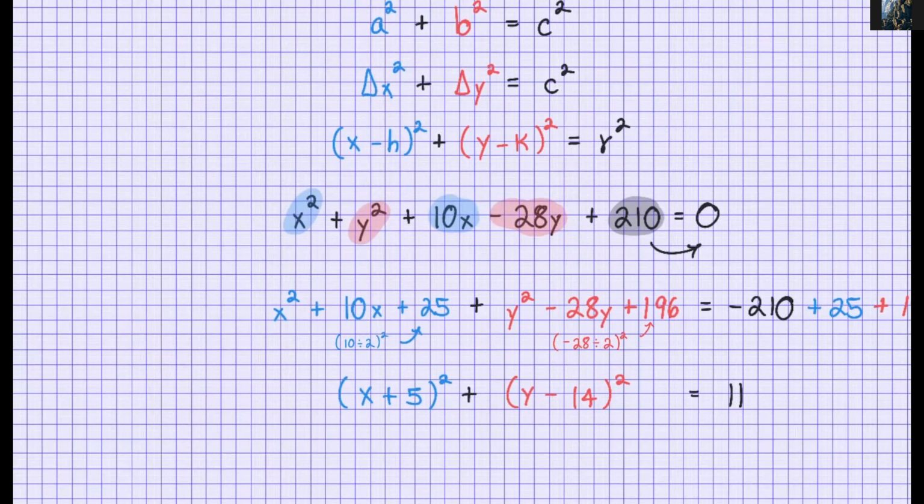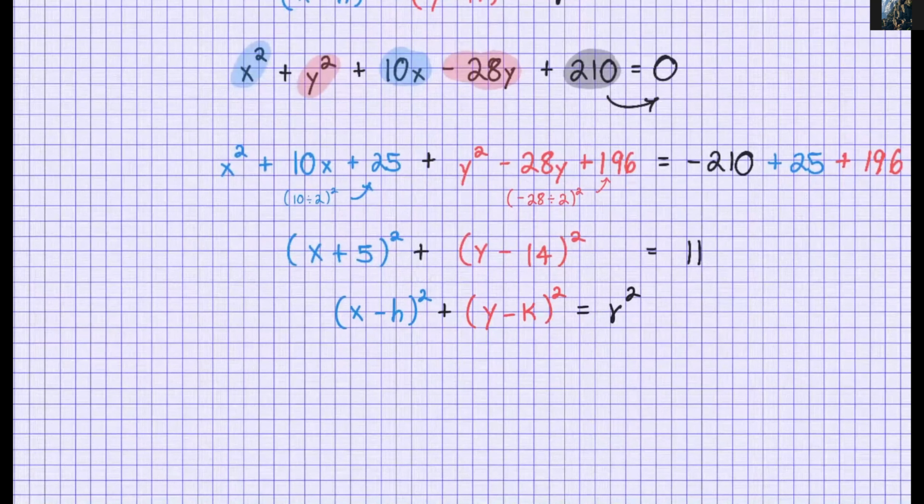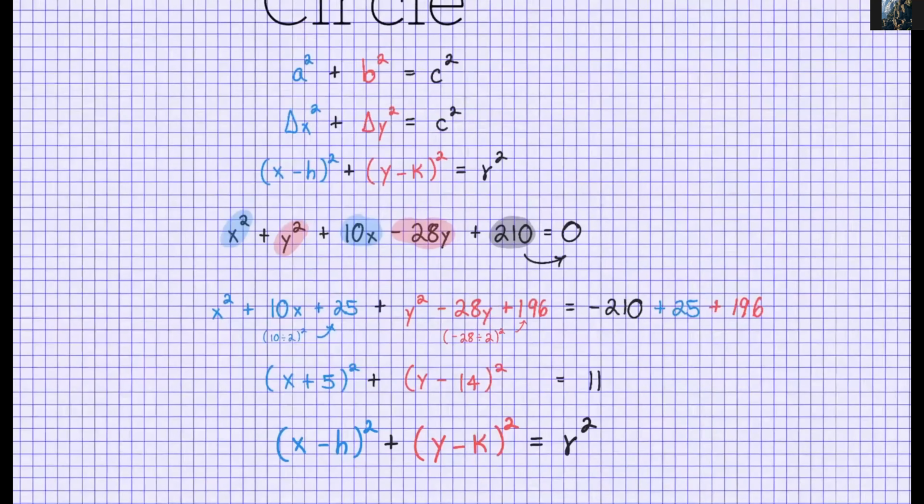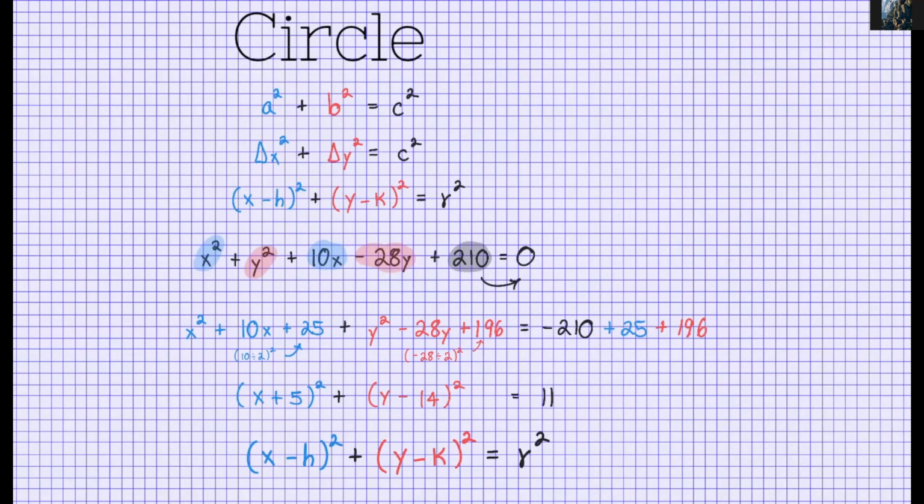So if you see, I have exactly the same format. And I have changed the general conic form of the equation into the standard form of the equation of the circle.